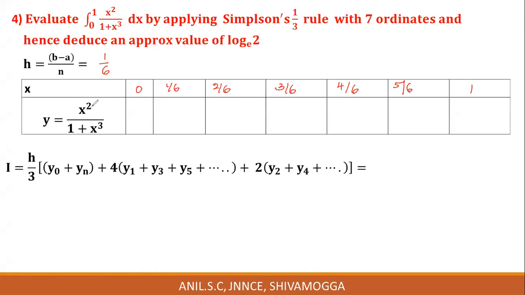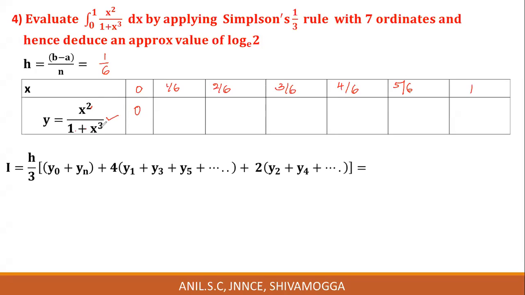And y is equal to x square divided by 1 plus x cube. This is y. When x is equal to 0, 0 divided by any finite quantity is 0. This will be 0 by 1, and 0 by 1 is 0. When x is equal to 1 by 6, you do it.